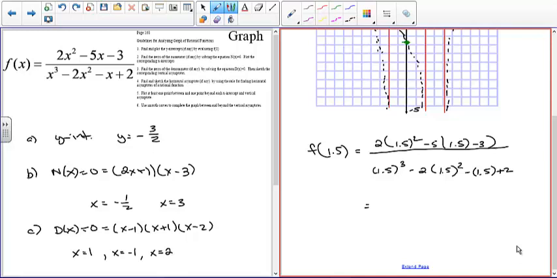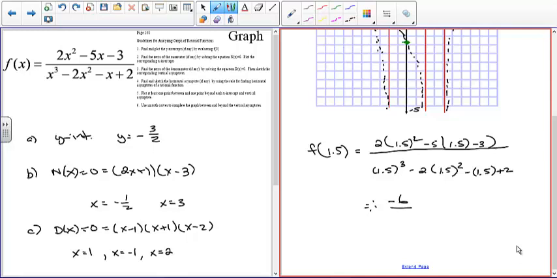So we've got 2 times 1.5 squared, minus 5 times 1.5 minus 3. So I think you get a negative answer there. So I get negative 6.